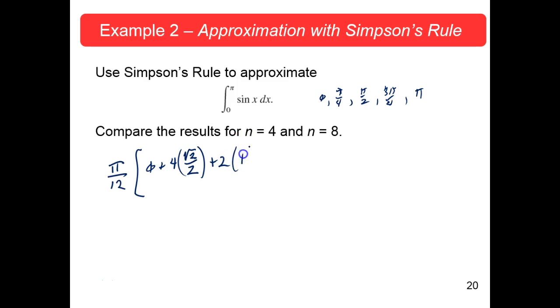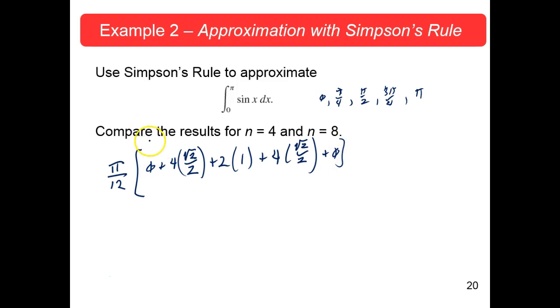The sine of pi halves is 1. Follow it? Okay. Plus 4 times again the sine of 3 pi over 4, the sine of 3/4 pi is root 2 over 2, okay? And then at pi, it's 0 again. So that's another 0.